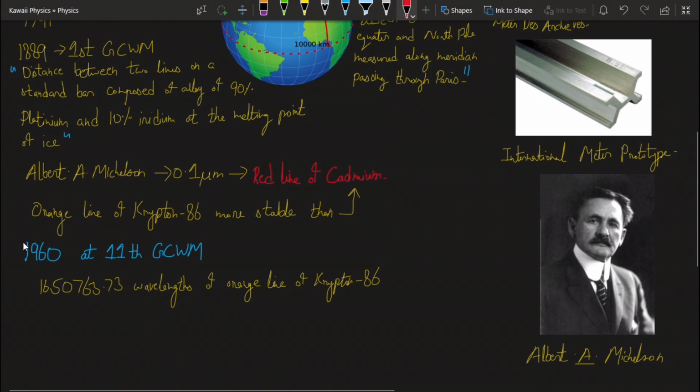So it was again changed to a new definition, but as compared to the older one, which was based on a physical object, now it was based on a physical phenomenon. To be more precise, in a vacuum.